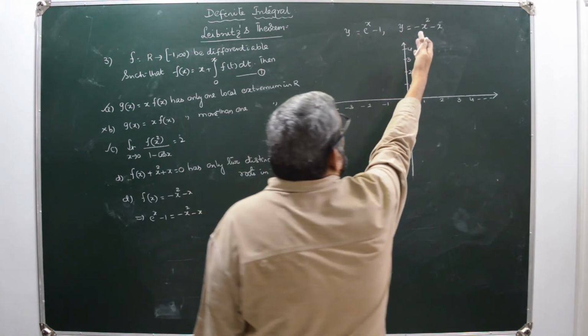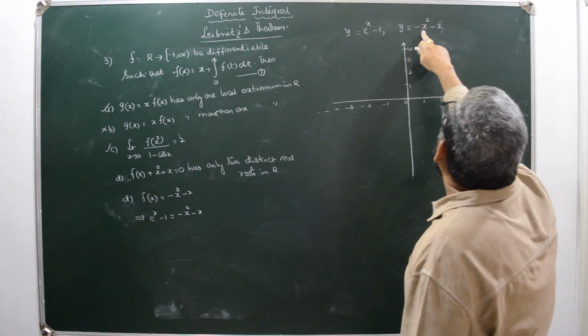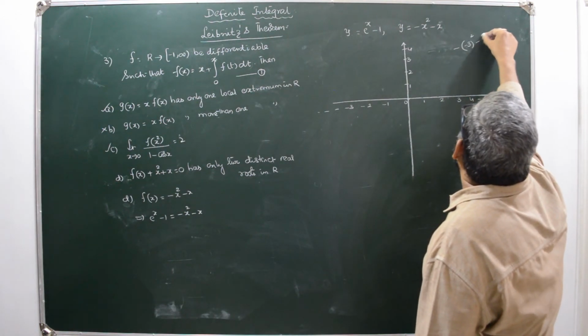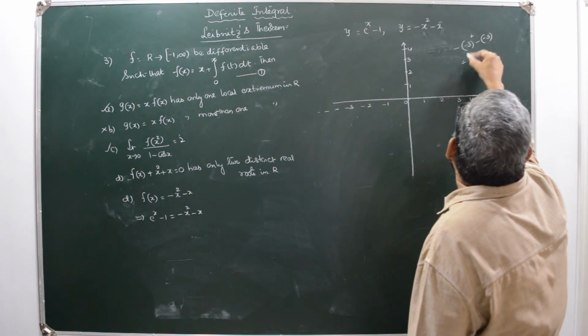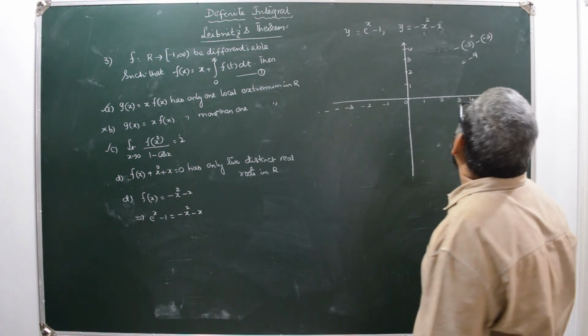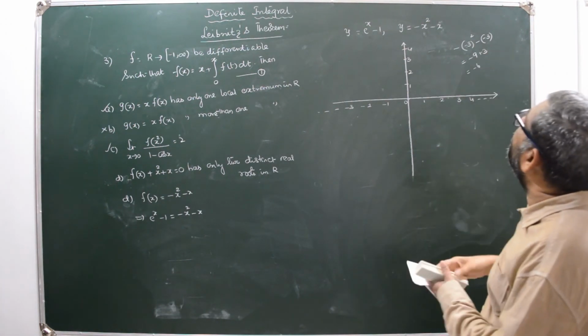If you take minus 3, for example, what happens? Minus of minus 3 whole square minus of minus 3. What is this? Minus 9 plus 3, this is minus 6. Like this.